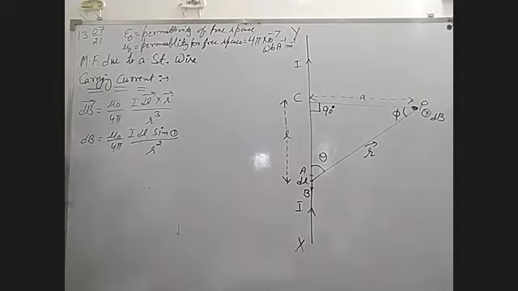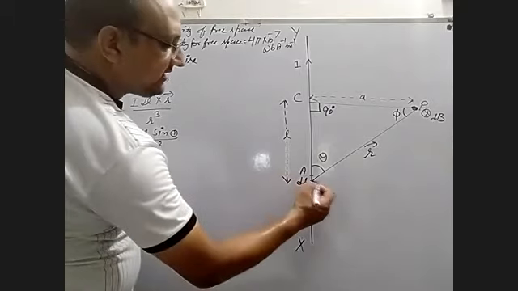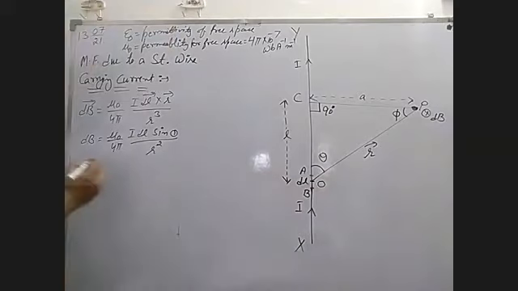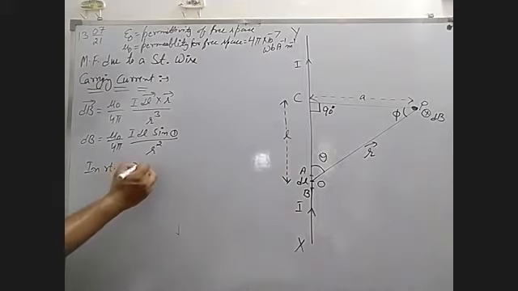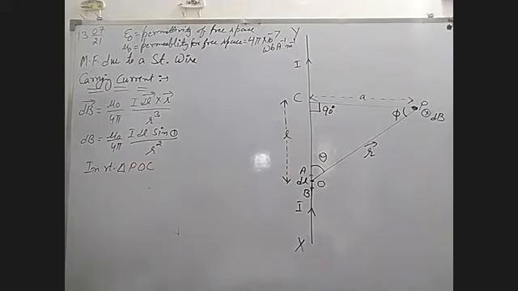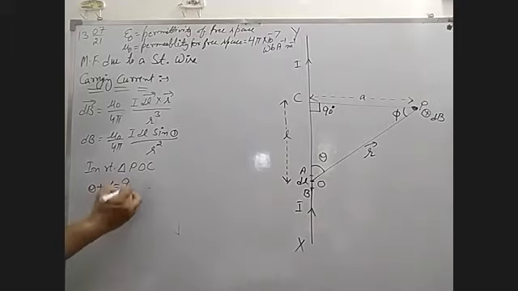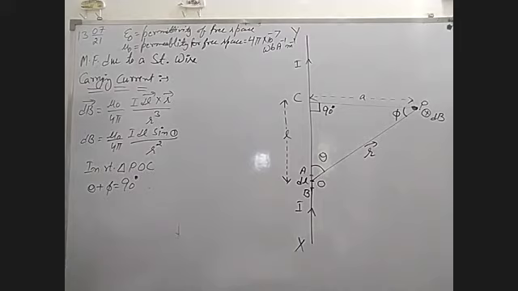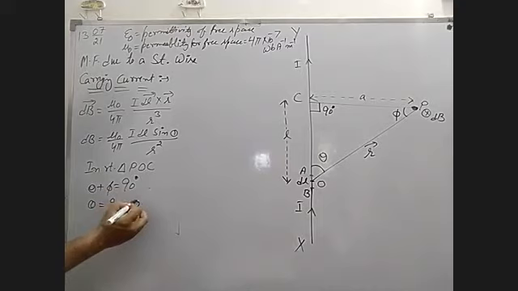Now in right angle triangle POC, what is the value of sine theta? Theta plus phi is equal to 90 degrees, so theta is 90 minus phi.